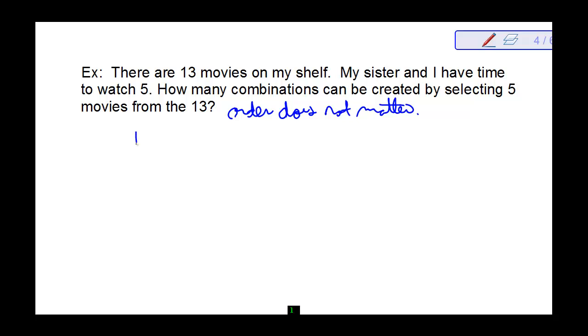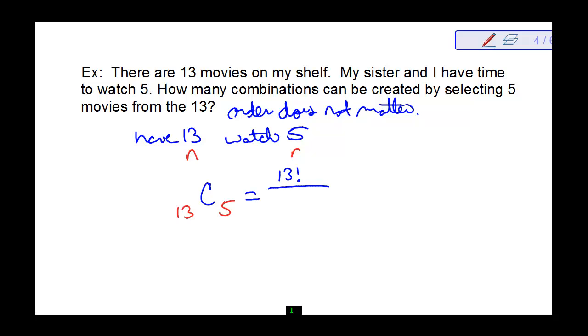We have 13 movies, we're going to watch 5 movies. So this is my n and this is my r. Whenever I start putting it into the formula, it's going to be 13 choose 5. So it's going to look like 13 factorial over (13 minus 5) factorial times 5 factorial.